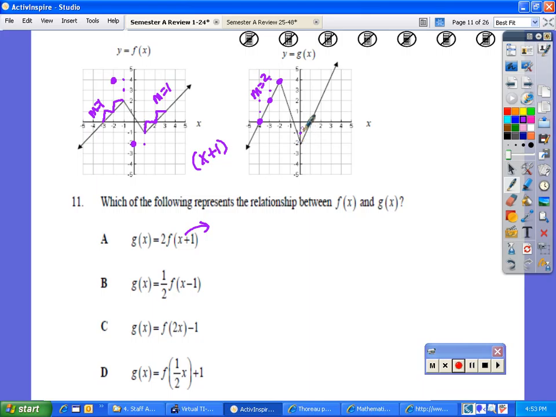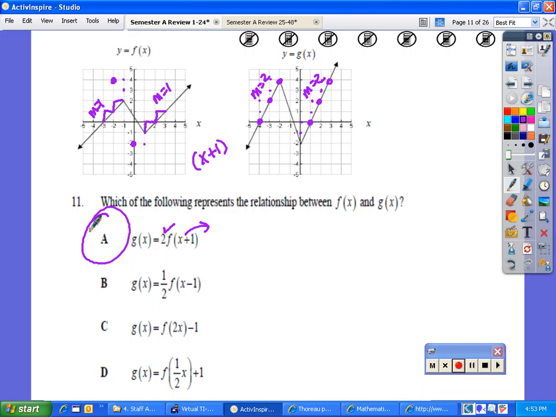Since the slope was multiplied by 2, we say that's a factor of 2. And since the slope increased by a factor of 2, that means it's a vertical stretch by a factor of 2. The only thing that has a vertical stretch by a factor of 2 is this one. So it is number 11. For questions like that, you have to look at everything that's going on, like how did it move? It looks like it went down too, but it really didn't. It just did a vertical stretch.